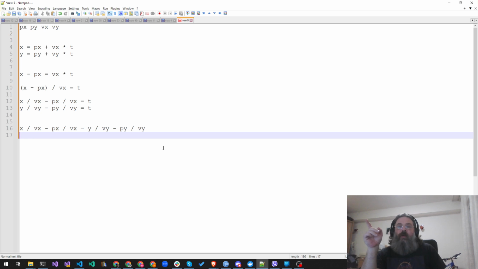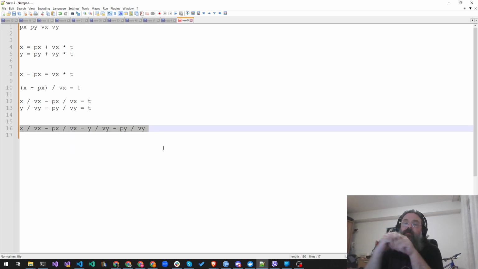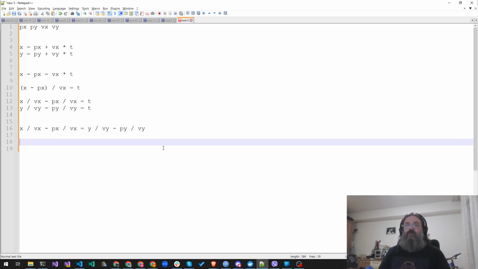So now I want to transform this again. You can see that from two equations that include x, y, and t, we are down to one equation that only includes x and y. So I would like to set this up in a canonical form, and that is usually written in this way.